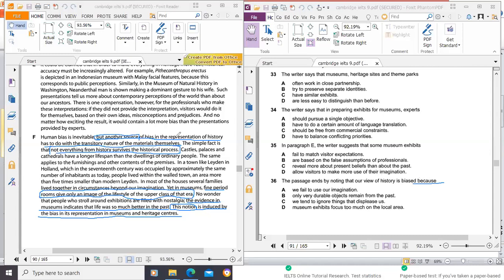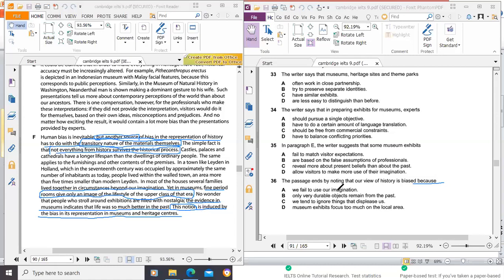The reason for this bias in the representation has to do with the transitory nature of the materials themselves. So I have to focus on the nature of materials itself, okay? What they say about the materials is that not everything from history survives the historical process. So that is the notion.